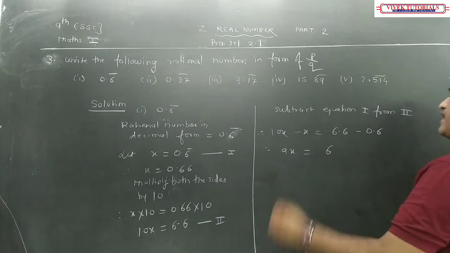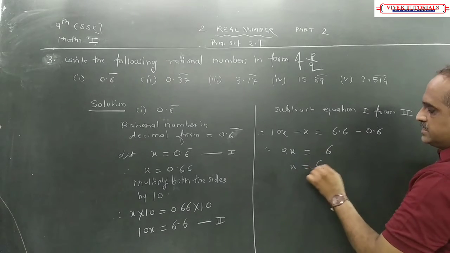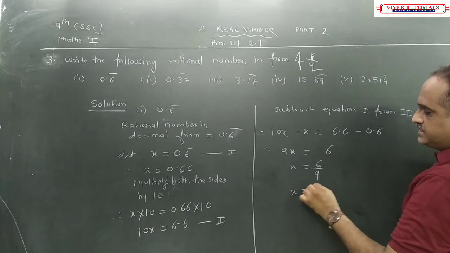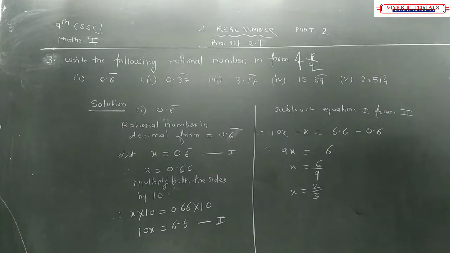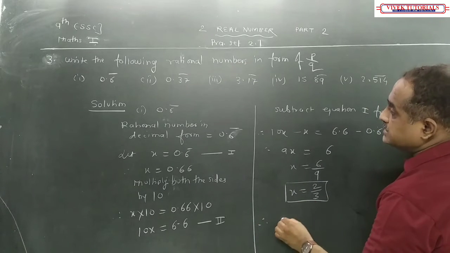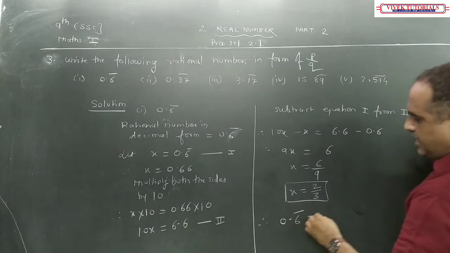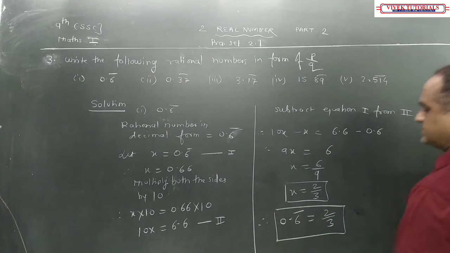If I am subtracting, it becomes 6. So x is equal to 6 upon 9. x is equal to 2 upon 3. Have you understood this? So we got the answer as 2 upon 3. That indicates 0.6 recurring is equal to 2 upon 3. This is your final answer.